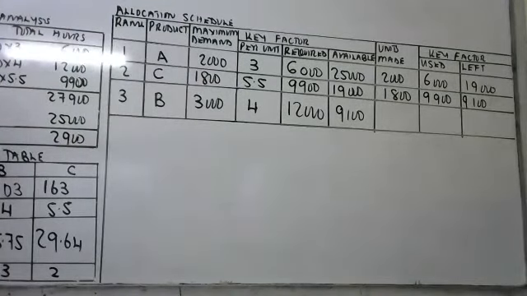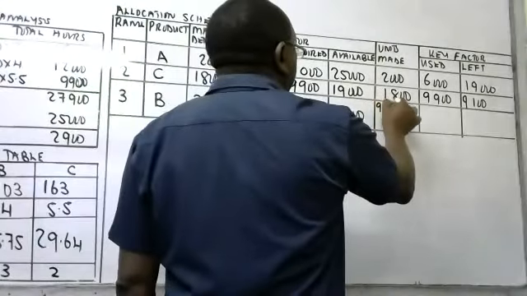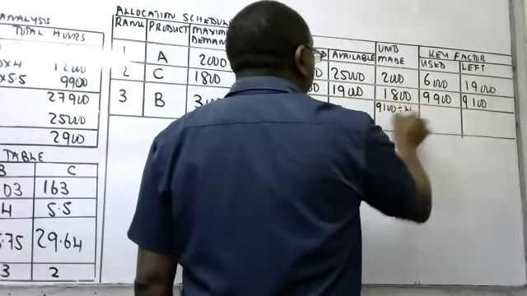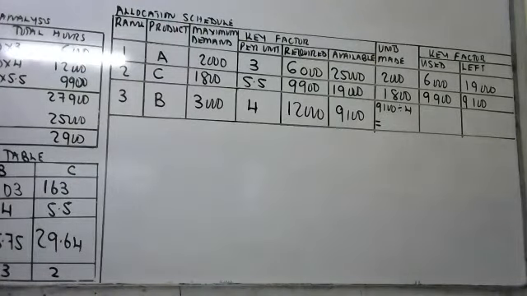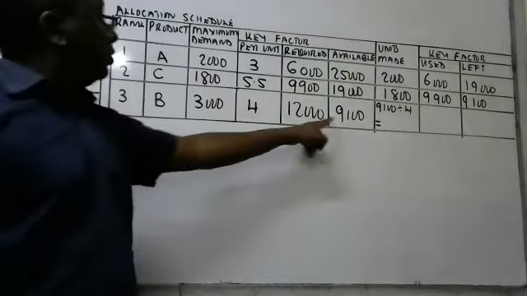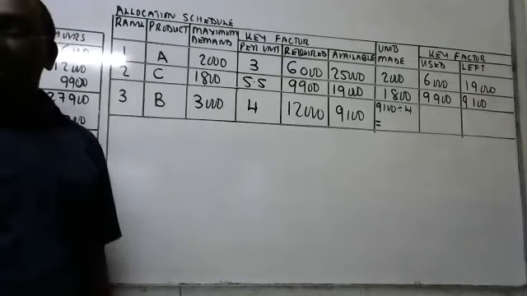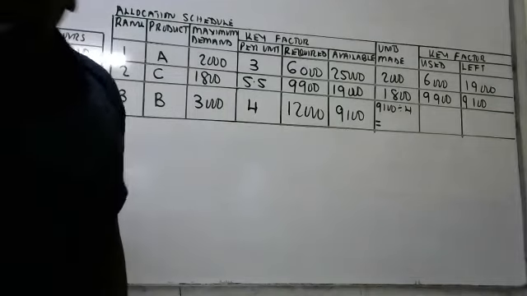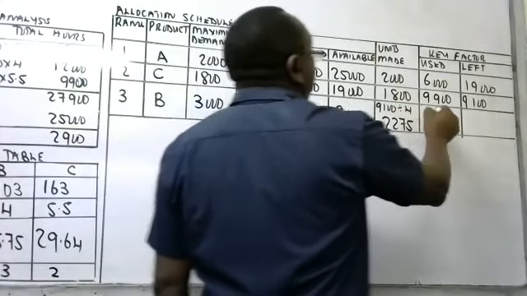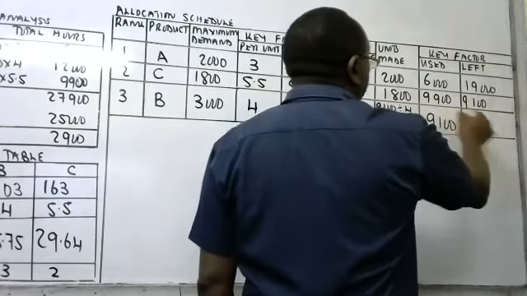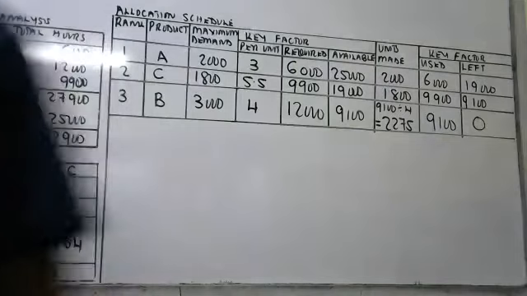If we cannot afford, you take this 9,100 and divide it by the hours required per unit, 4, to find how many units we can make. That gives 2,275. So we can make 2,275. We use 9,100 hours and we are left with 0.